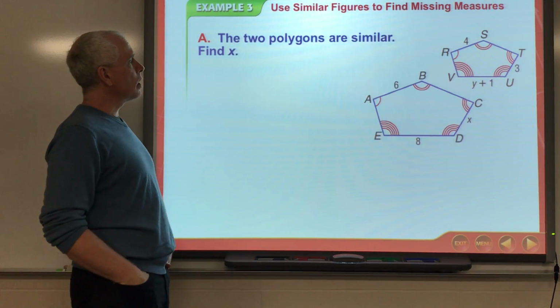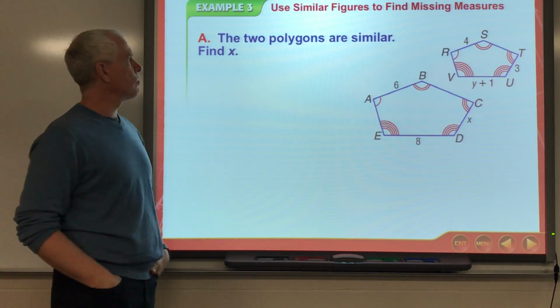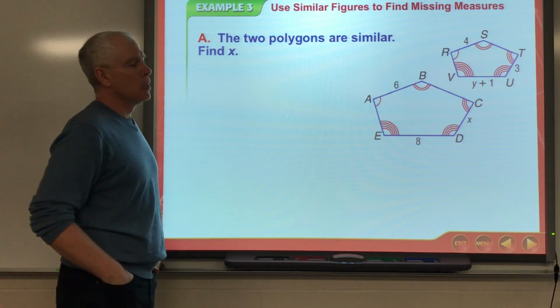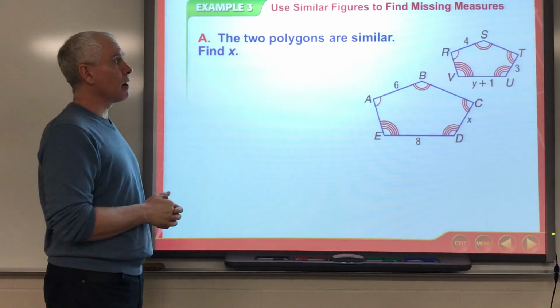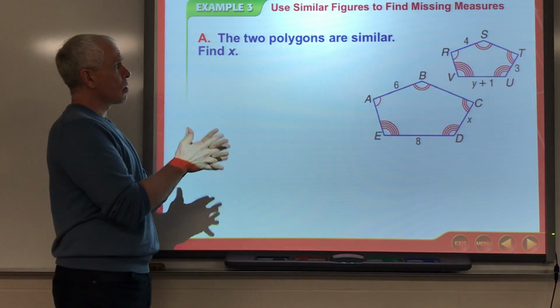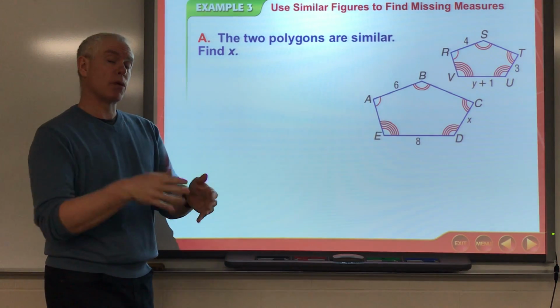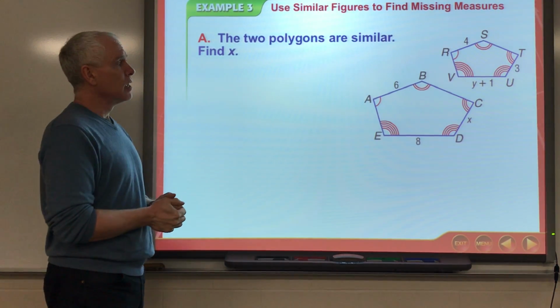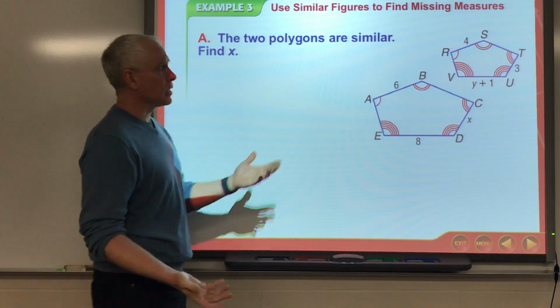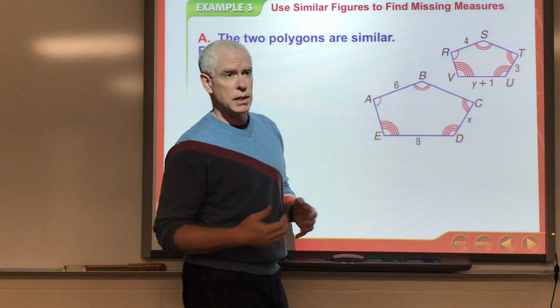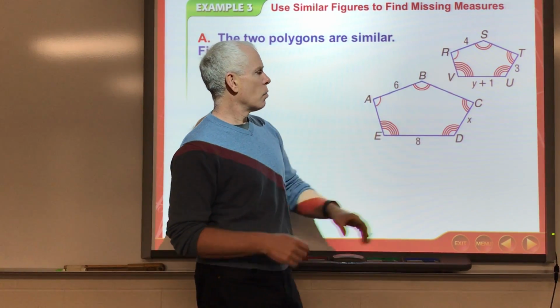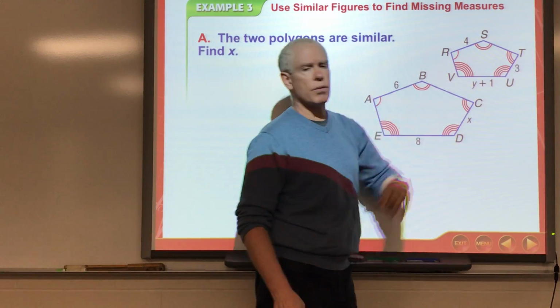All right, the two polygons are similar, so they're giving me that information. They want me to find x. What I'm going to do now is use a proportion like I did yesterday. So I'm going to find some sides that are corresponding that I know the values of, so I can write the scale factor, and then compare that to x. So for instance, I would say that 6 over 4, those are corresponding sides, that would be the ratio of the sides, would have to equal x over 3.